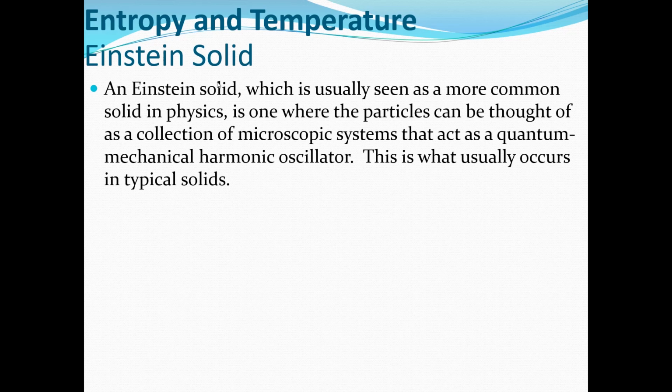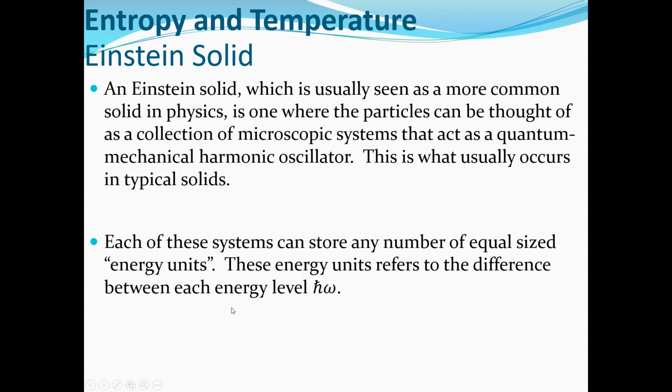Basically, the idea is that each of the particles can be thought of as little individual microscopic harmonic oscillators. In these systems, each one can only store a certain number of quantized energy units, going back to the idea that these are quantum harmonic oscillators.